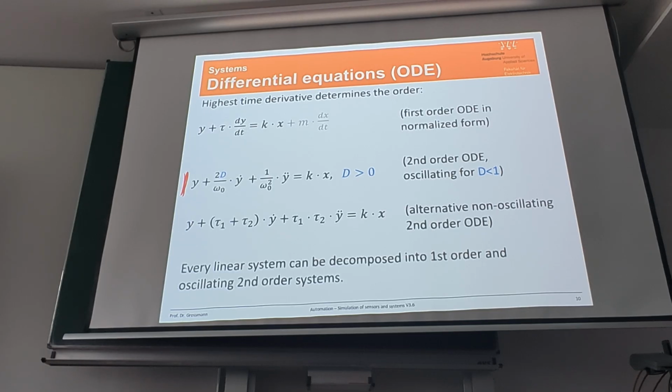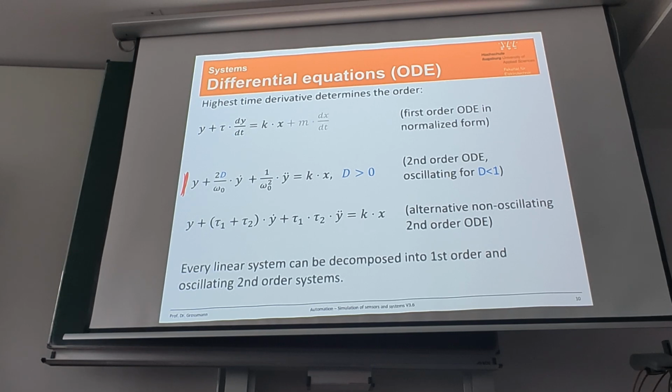So here the factor for the first derivative of the output, it's not just one time constant, but of course the unit is seconds, but it's a more complex term here, which includes 2 parameters.